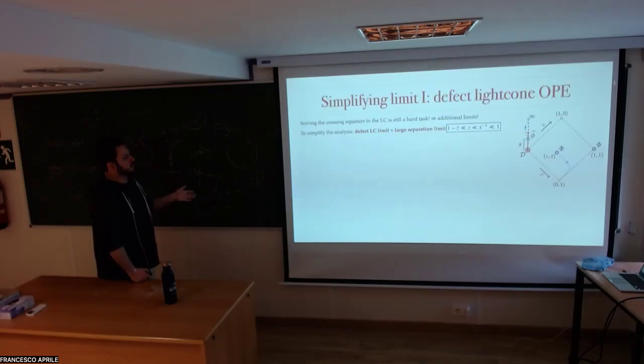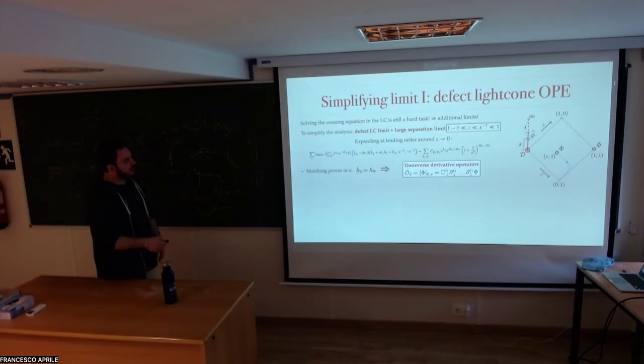And the crossing equation is still very difficult to solve in this light-cone limit. So what we did was to take additional limits. We take the defect light-cone limit, which is again z to 0, and also the large separation limit with this hierarchy.